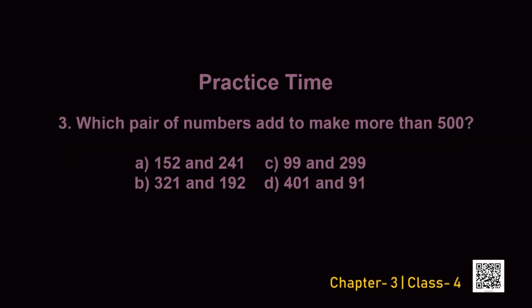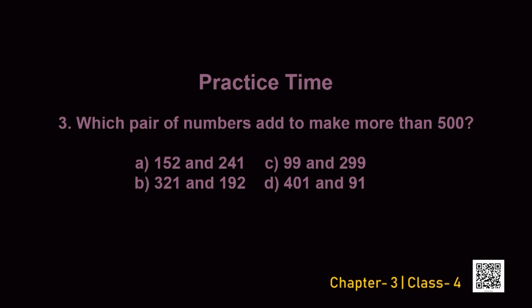Question number 3. Which pair of numbers add to make more than 500? A 152 and 241, B 321 and 192, C 99 and 299, D 401 and 91.